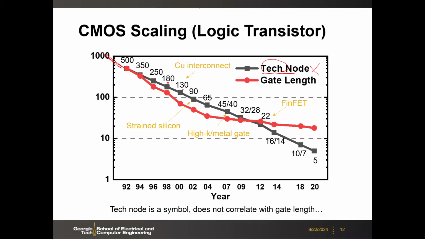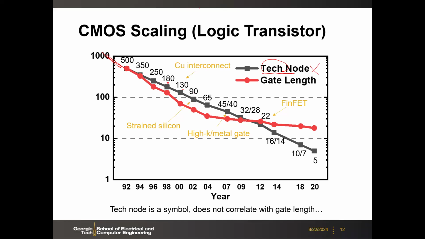But since the 250 nanometer technology node, the gate length scaling actually sped up, because at that time you could do some source and drain diffusion into the channel, and then you could make the physical gate length smaller than the patterning, the layout gate length. So you see some deviation from the tech node.